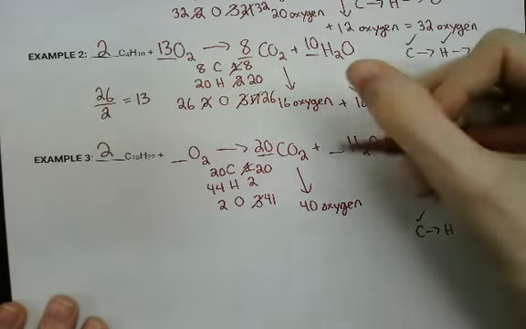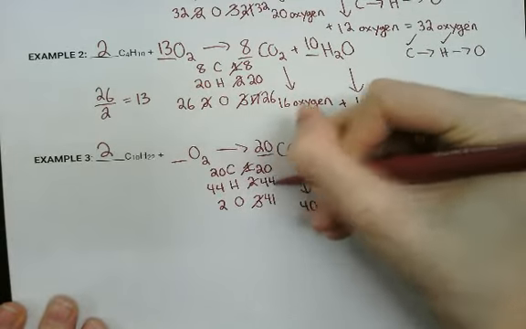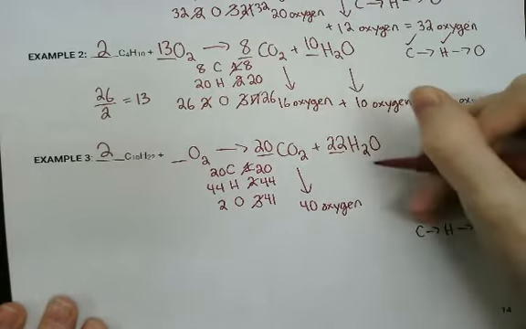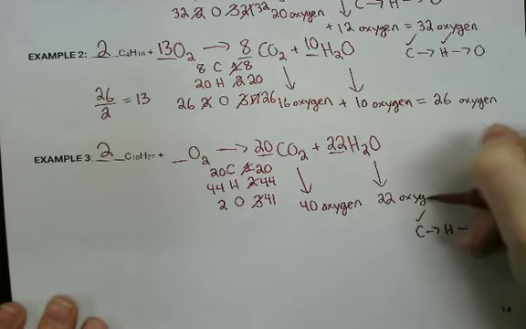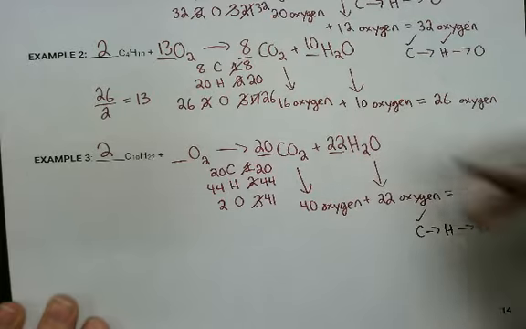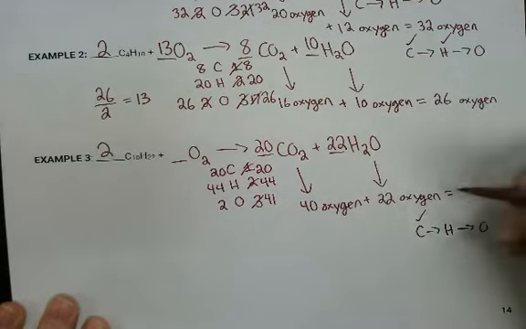I'm going to go balance my hydrogen. I'm going to place a 22 here to get me to 44 hydrogen. That will also get me 22 oxygen. So in total, on my right side of my equation, I'm going to have 62 oxygen.